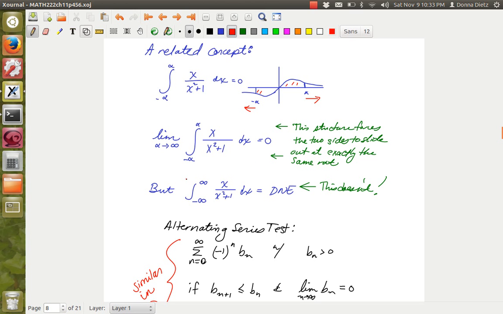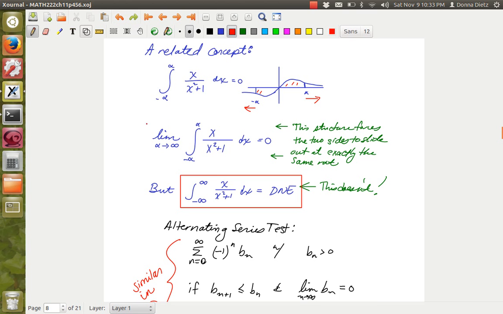But if you just wrote this without putting all those special rules in, and you just said, let's go from minus infinity to infinity, then that's not considered a good integral, because we've got this infinity and this minus infinity. We've got a lot of messes going on. We're not going to permit that.